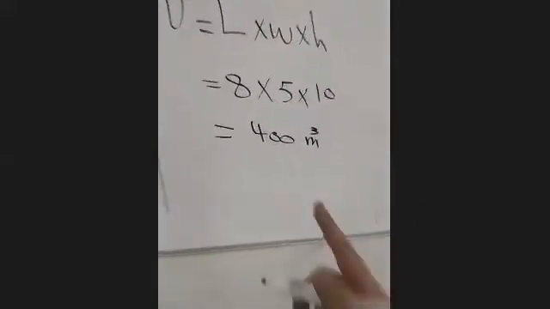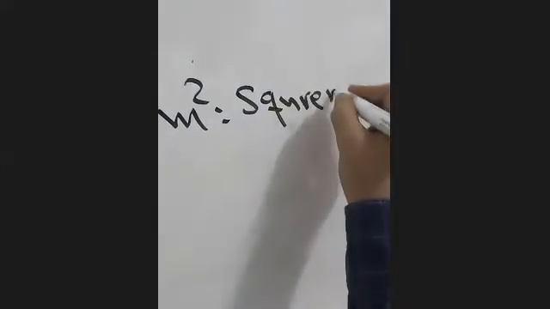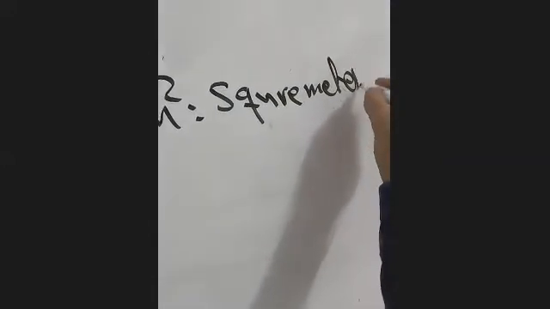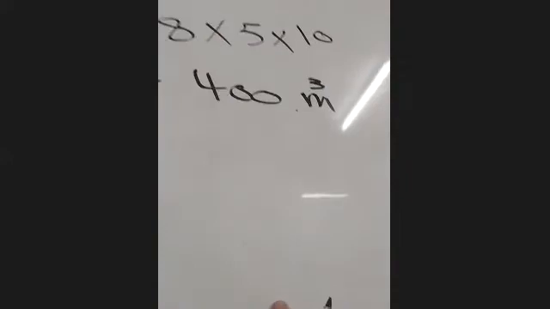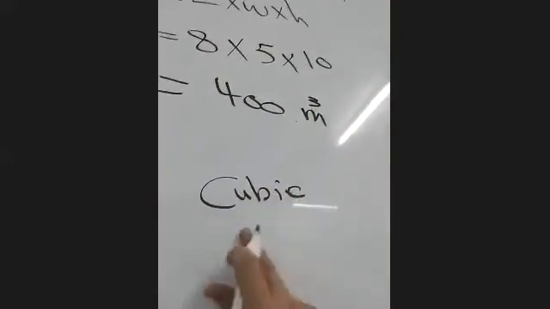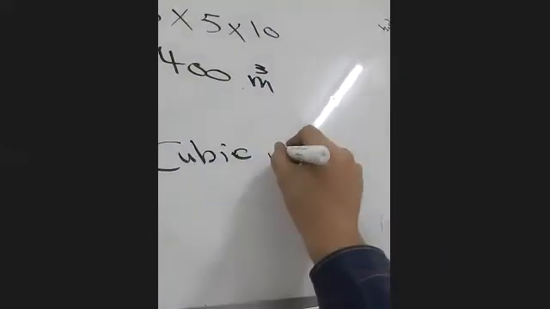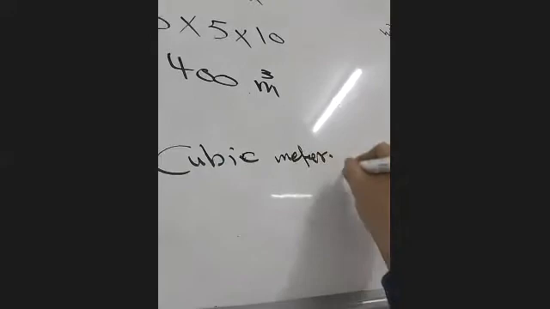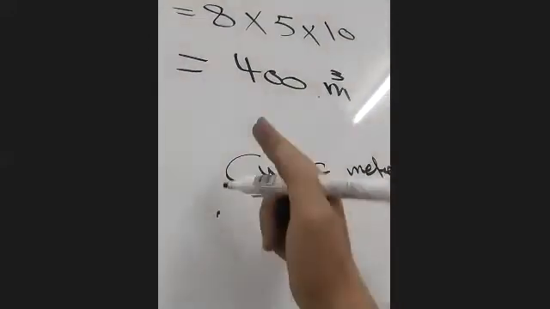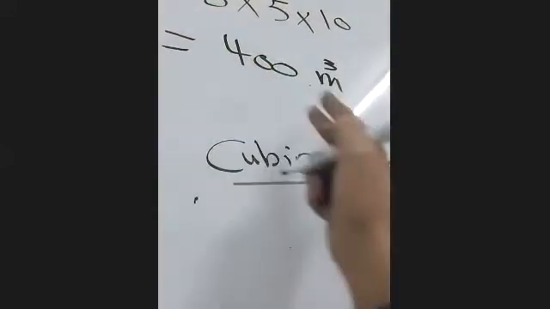In the area, M power 2, we call it square meter, right? Here we call it cubic. Cubic means power 3. Cubic meter. So you can write 400 cubic meter or 400 meter power 3.